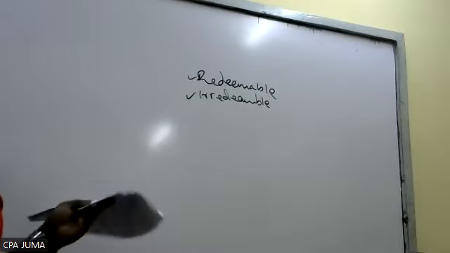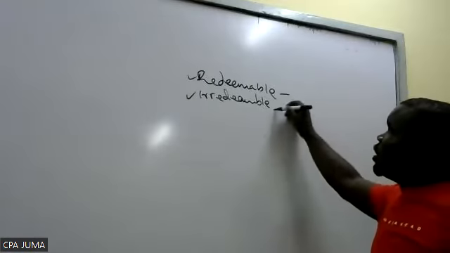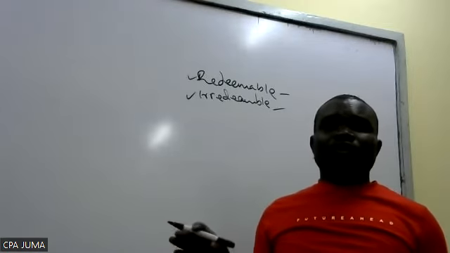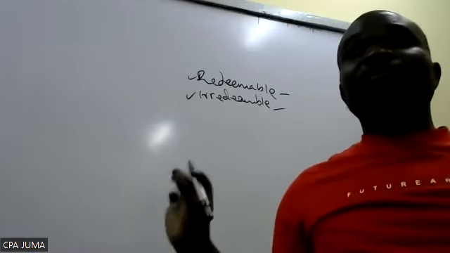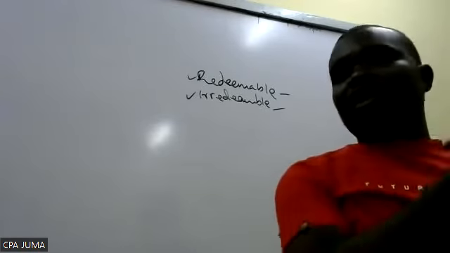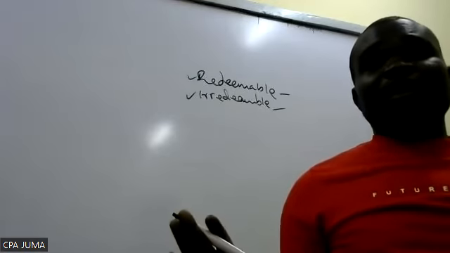Treatment of these things is totally different in accounting, any accounting. Redeemable are those preference shares whose holders, the preference shareholders, are not the real owners of the company. They just provide capital, and then they disappear. They just sit waiting for preference dividends.